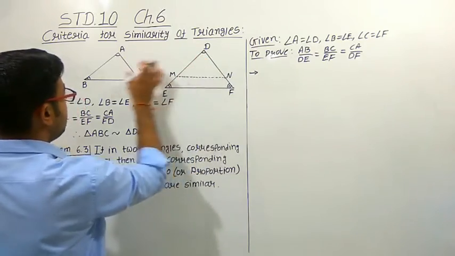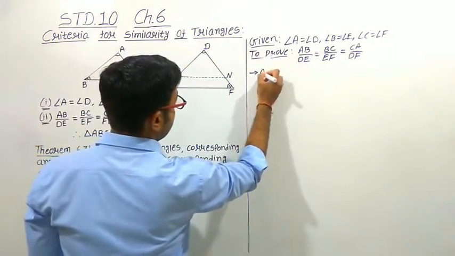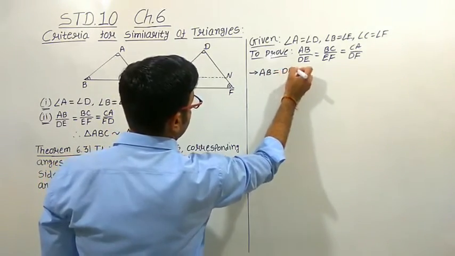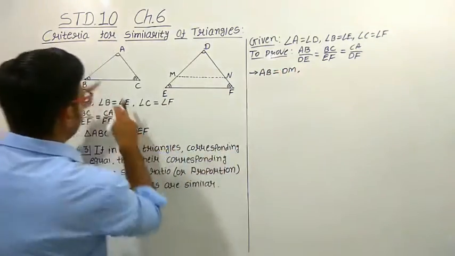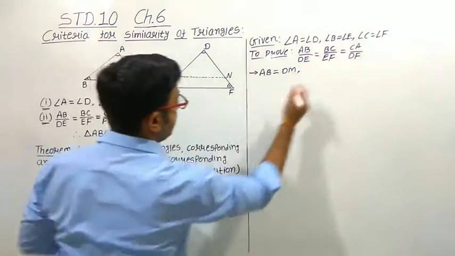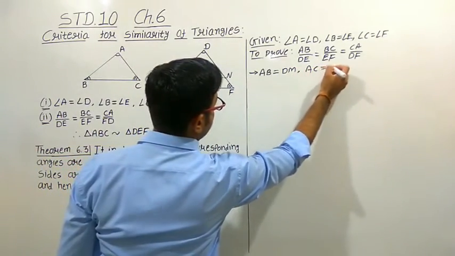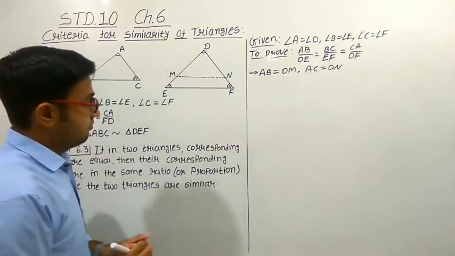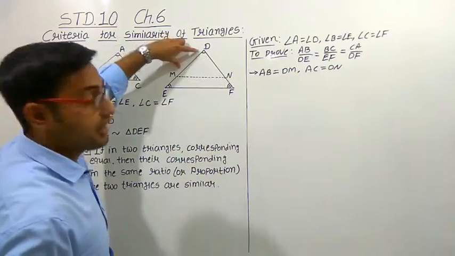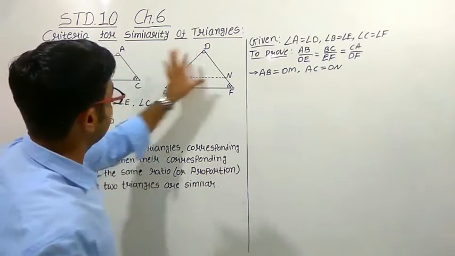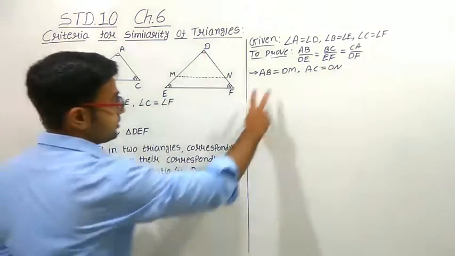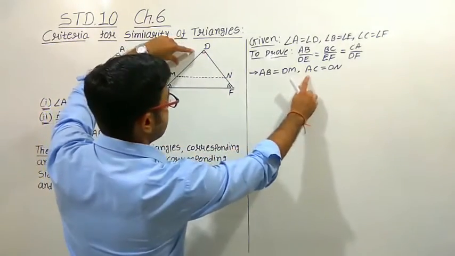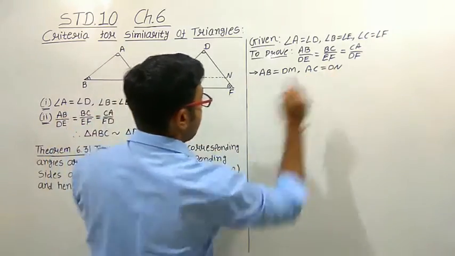Now DM is equal to AB. In the same way, AC and DN will be equal because we cut this much portion from this side. So these two sides are now equal: AB is equal to DM and AC is equal to DN.